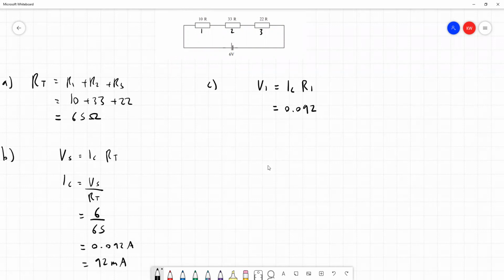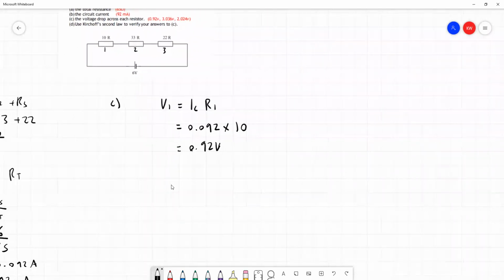If we needed to convert from milliamps to amps, we could just divide by 1,000. And the resistance of resistor 1 is 10 ohms. So 0.092 times 10 is 0.92 volts. So we've calculated the voltage drop, the potential difference across resistor 1.